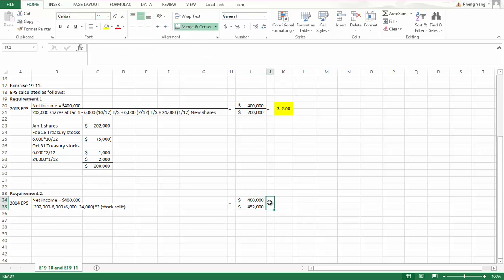Okay. So if I do my formula, 400,000 divided by the number of shares outstanding, 452, my EPS is going to be 88 cents for 2014. Okay.